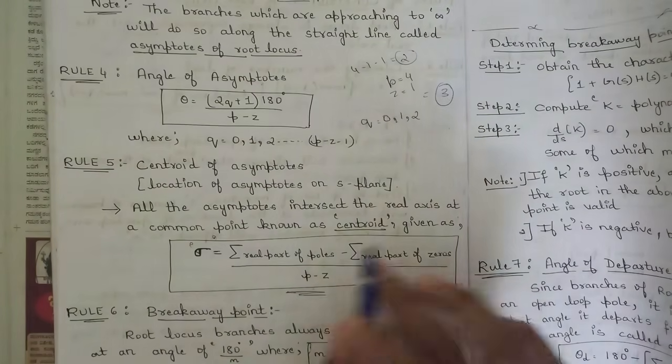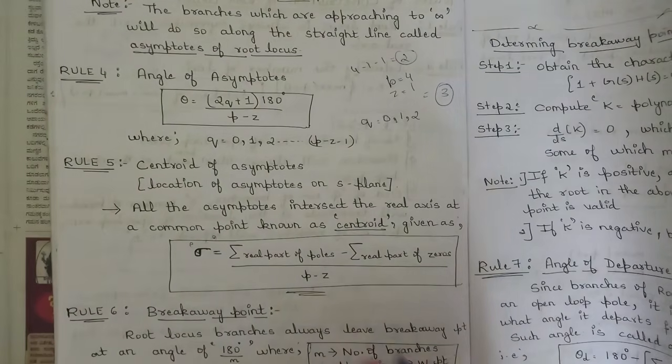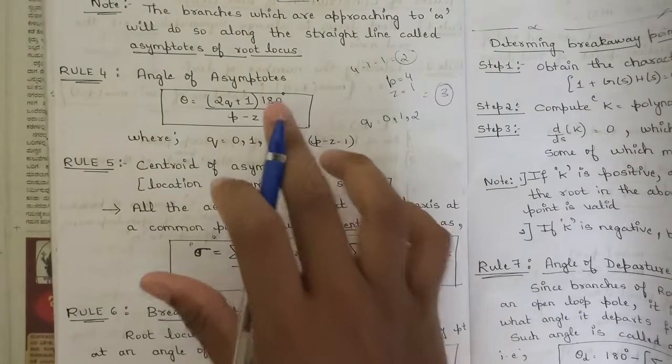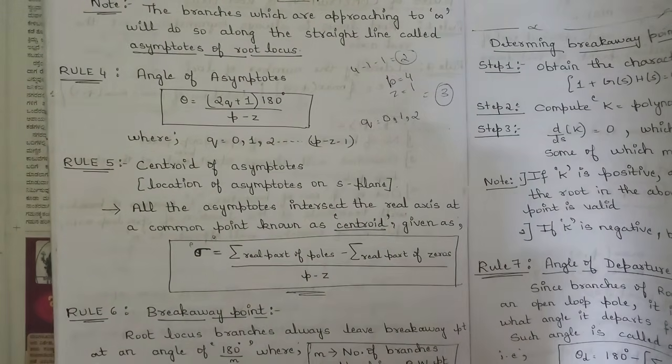If we substitute the values, we get one value of sigma, and from that point we draw the angles of asymptotes which we have already calculated and kept. Those angles are obtained through the number of asymptotes, that is, the number of straight lines. So these are all the 5 rules.